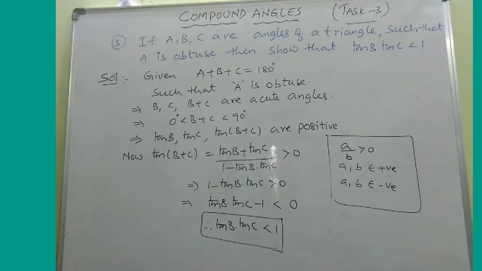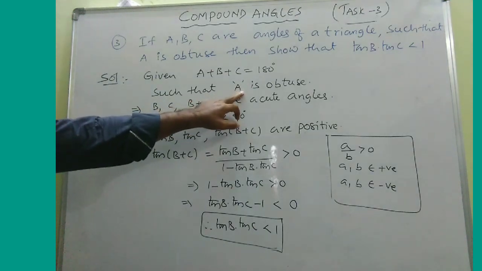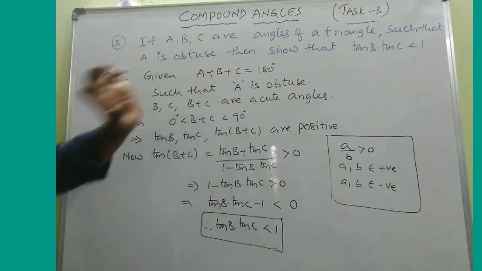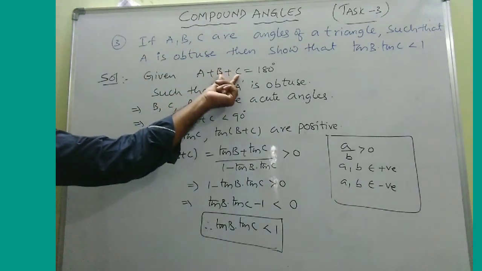So be careful, my dear. Just go through the solution and observe the key points, especially these 3 steps, which are the main steps. Once you decide that A is obtuse, then the sum of the remaining 2 angles must be acute. Acute means the sum of them itself is less than 90.